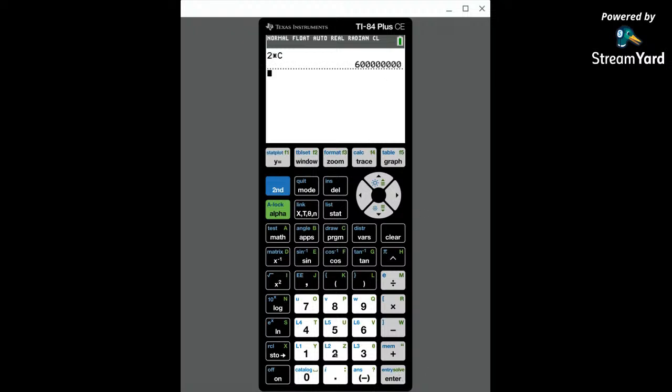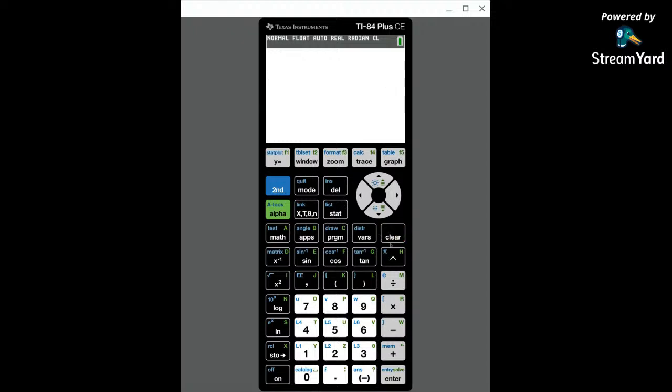But even quicker, I can simply type 2 alpha C, and my calculator recognizes that because they're sitting next to each other, I want to multiply, and I don't even have to hit the multiply button. Same thing if I'm going to divide, alpha C divided by 2, and notice I get half of the value of C. So that's a speedy way to be able to enter in that value without having to constantly type in 3.0 E8.